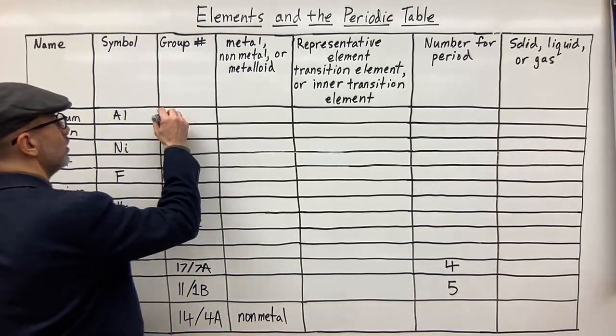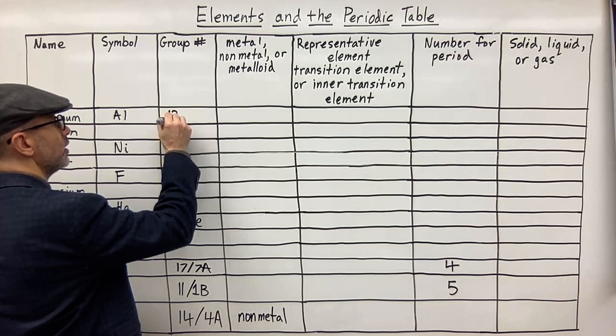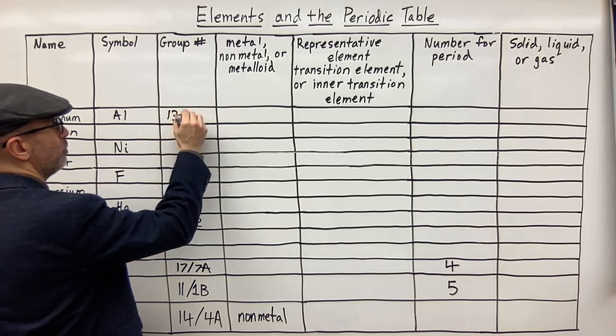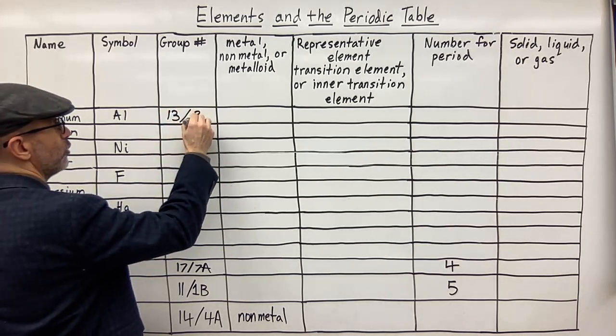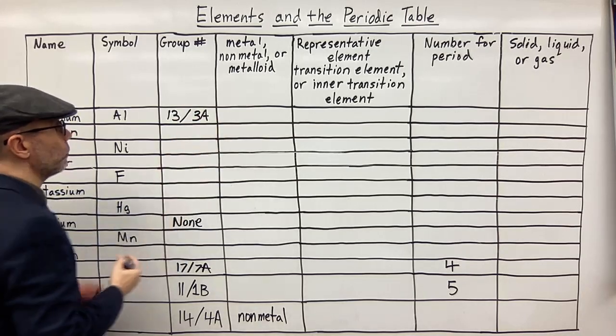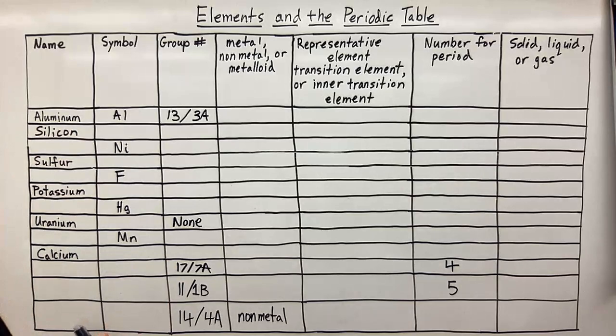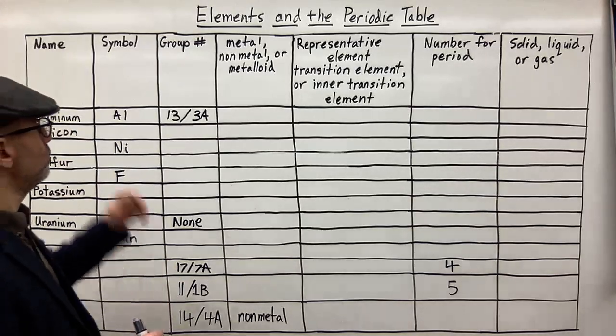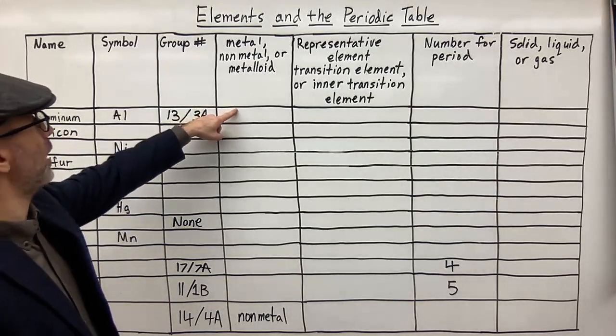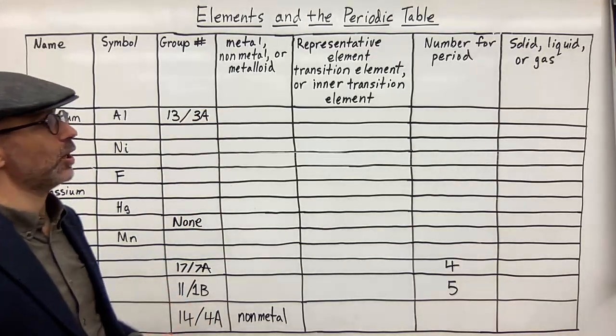So we'll put 13, that would be the IUPAC, and then 3A would be the old way of naming. Okay, so is it a metal, non-metal, or metalloid?